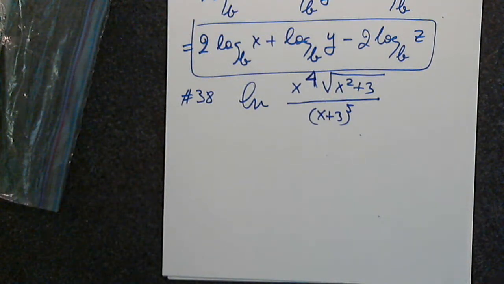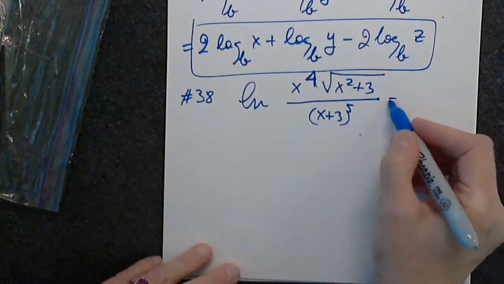How many factors are present in the numerator? 2. Yes, x to the 4th and the square root. How many factors do we have in the denominator? How many will have negative in front of their log? Perfect.